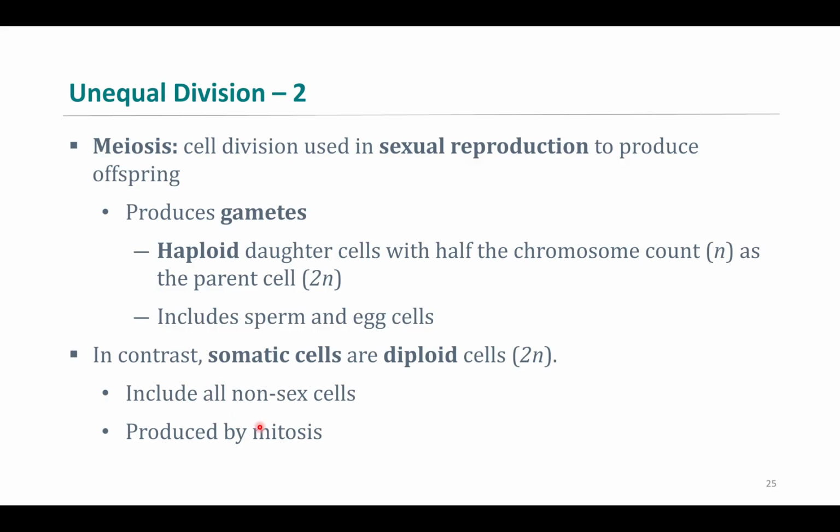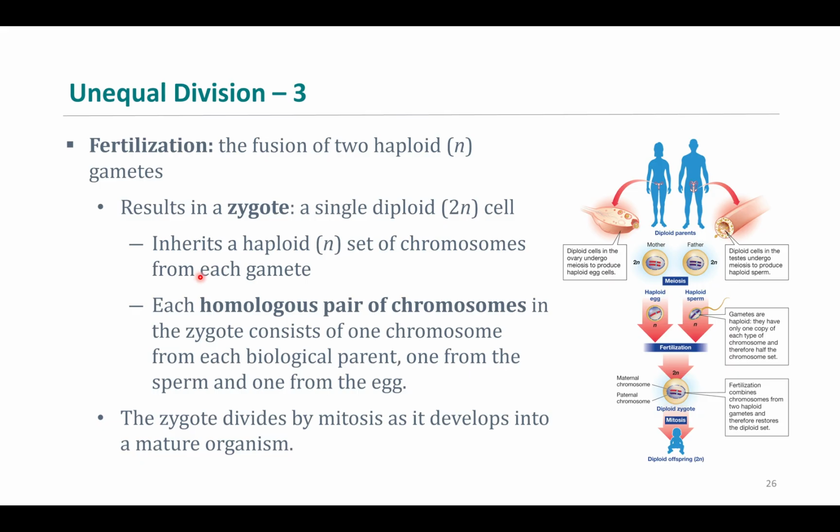As I mentioned earlier, in all the somatic cells, mitosis happens. In reproductive cells, meiosis happens. Before we go on to meiosis, let's look at what happens during fertilization. The mother has 2N diploid egg cells and the father has 2N diploid sperm cells.